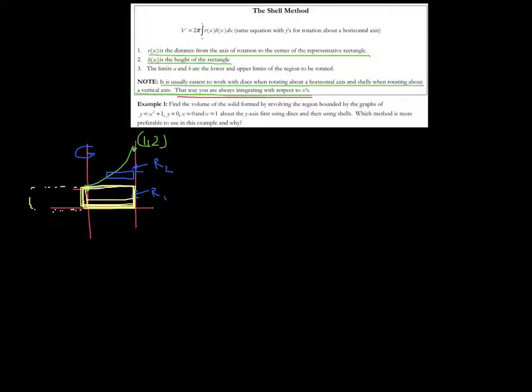So we already know the volume of a cylinder is going to be pi r squared h. What is the radius? The radius is 1, because the radius is this distance, and that's just 1. And what is the height? Well, the height is this distance, and that's also 1. So, hey, we already have the volume of region 1. It is just pi.